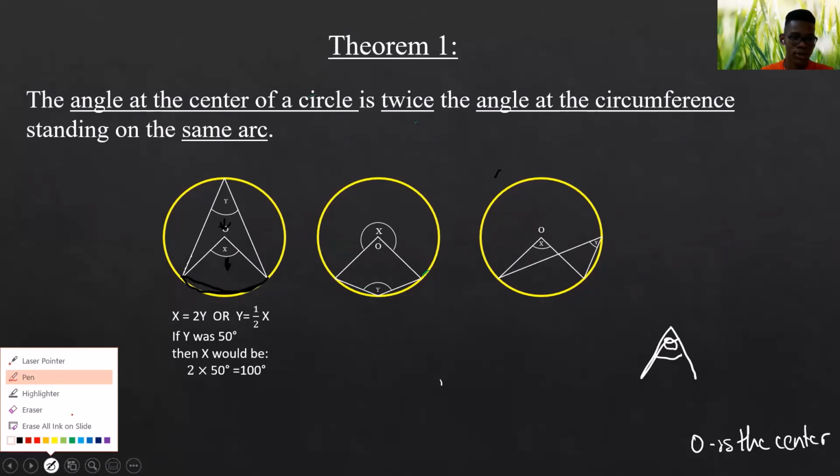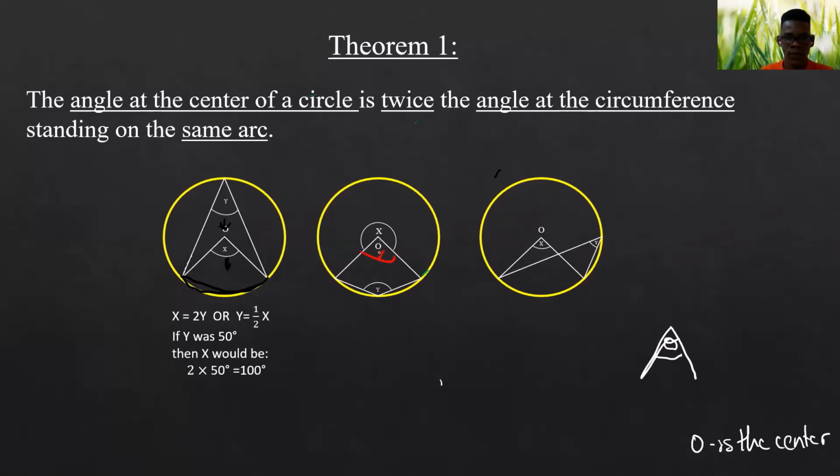What happened was you were given this angle here, asked to find this angle, and what most students did was divide this angle by a half to get this, not knowing that they needed to subtract this angle from 360 to get this angle, and then divide this by a half to get this angle here. Because again, this angle is the one standing on the same arc as this, not that one.